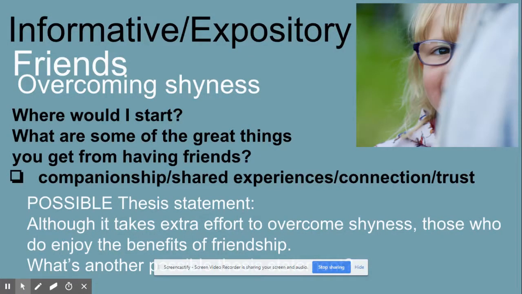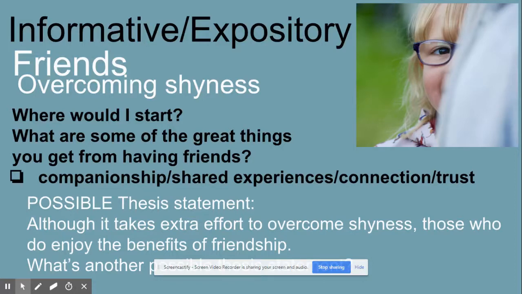So for the informative, if you look on your book's page 12, there's a table, thesis modeling notes, and that's kind of what we're going over here. I'll give you a little bit of a how-to, and then you can try some of these on your own.